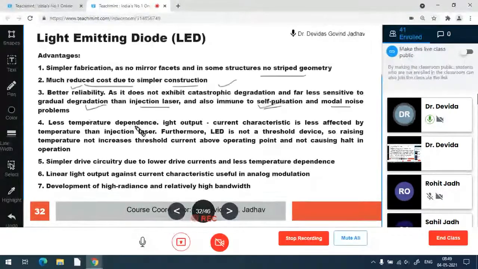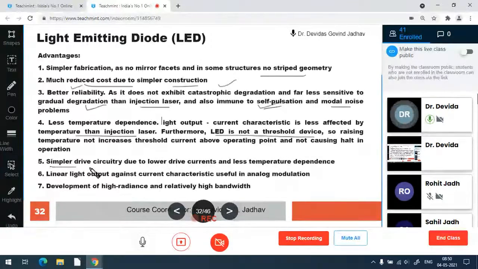Less temperature dependence is there in the light output, and the current characteristic is less affected by temperature than a laser. The LED does not have any threshold requirement, so raising temperature does not affect any threshold. So it is more stable than a laser from the point of view of temperature.